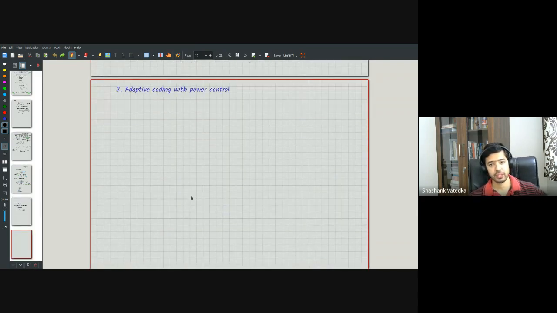Okay. So if you know what the channel coefficient is, then sometimes you can do something even better. Note that in most cases you are transmitting multiple blocks of the message, right?